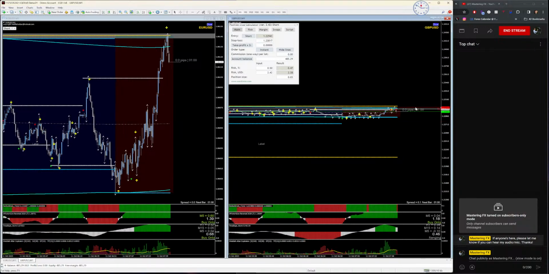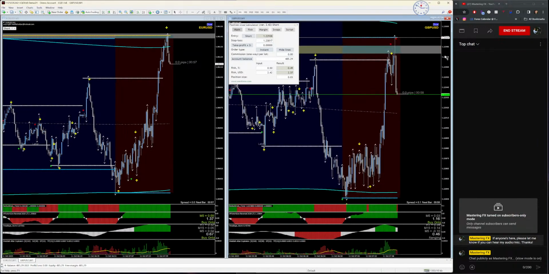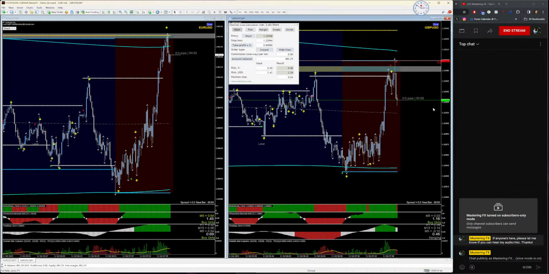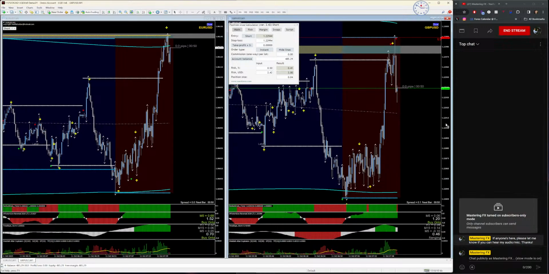Jesus. So we also have a fair value gap here and the market structure shift.